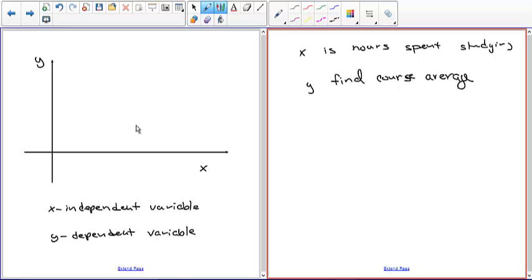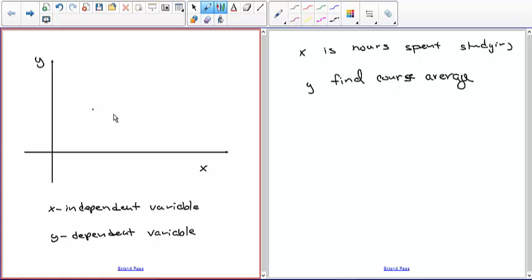So we take, say, Math 152, and somehow we track this. I'm not sure how we do that, but if you were honest and did a survey and figured out how many hours you spend studying, then you could take your final average and we could plot those data points. So the number of independent values is going to probably be as different as the number of people in the class. You're not going to have exactly the same hours. You might, but most of the time it'll be different.